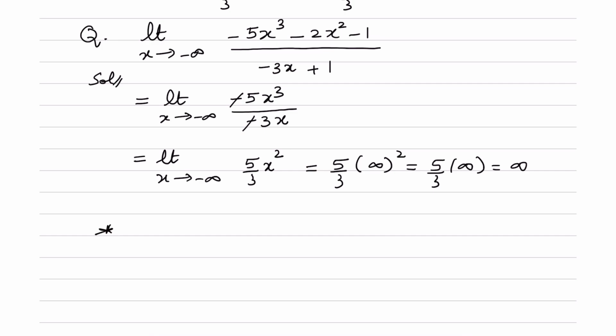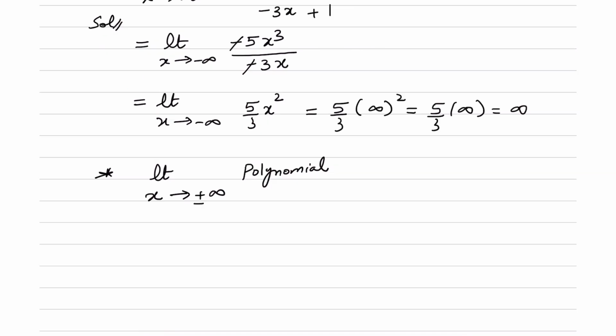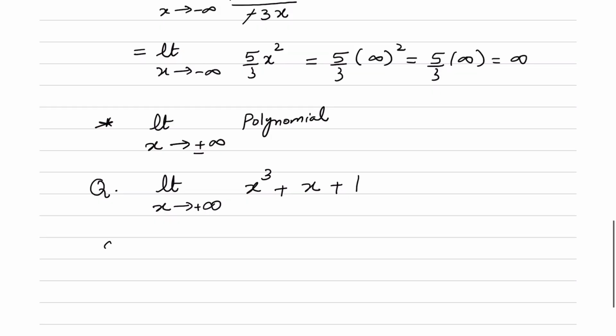Now let's talk about what if we have to find the limit at infinity or minus infinity for a polynomial. Let's look at a question. Let's say you have to find the limit when x is approaching plus infinity for the polynomial x cubed plus x plus 1. In this case, we will again keep the highest degree term only.